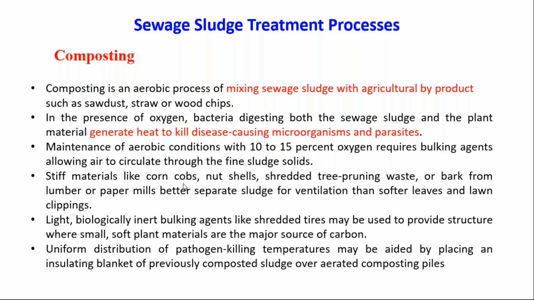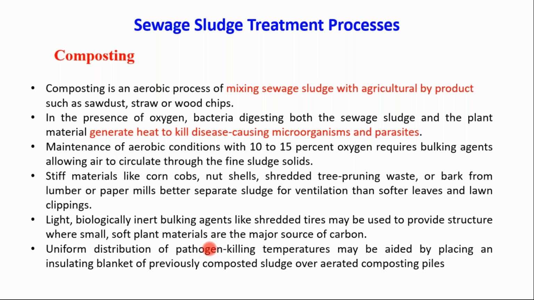Stiff materials like corn cobs, nutshells, shredded tree pruning waste or bark from lumber or paper mills separate sludge for ventilation better than softer leaves and lawn clippings. Light, biologically inert bulking agents like shredded tires may be used to provide structure where small, soft plant material is the major source of carbon.